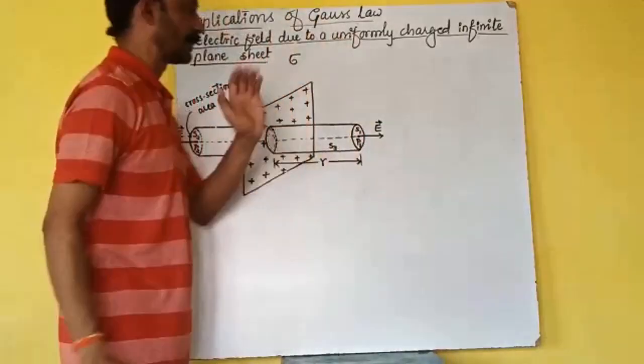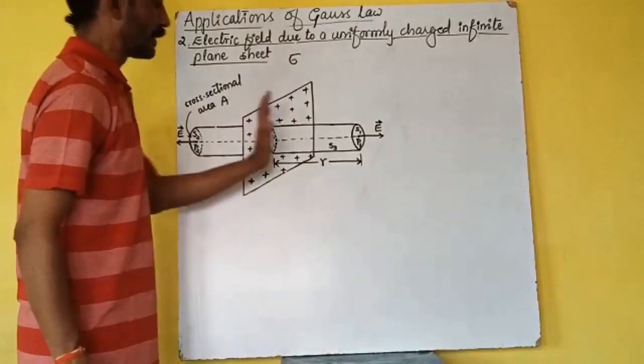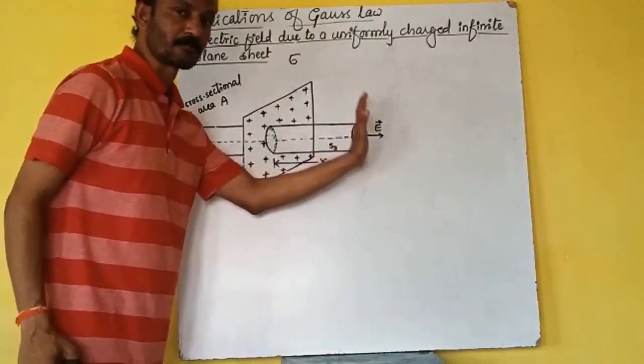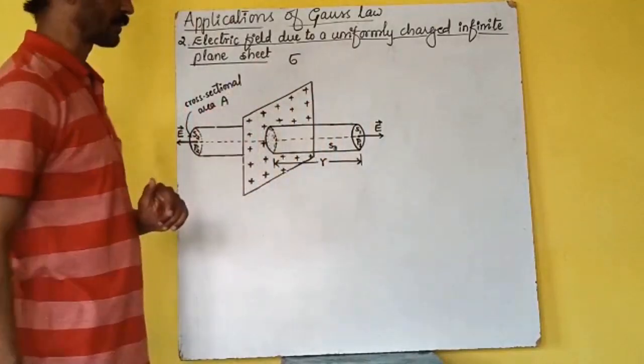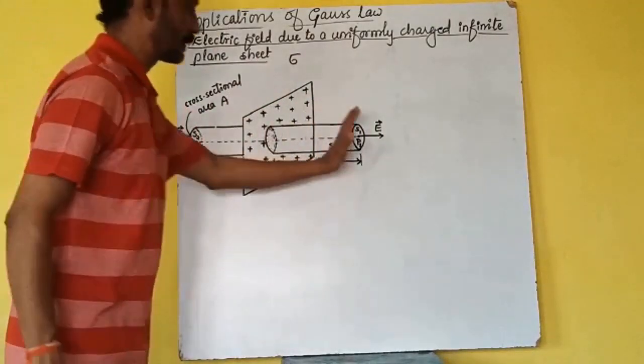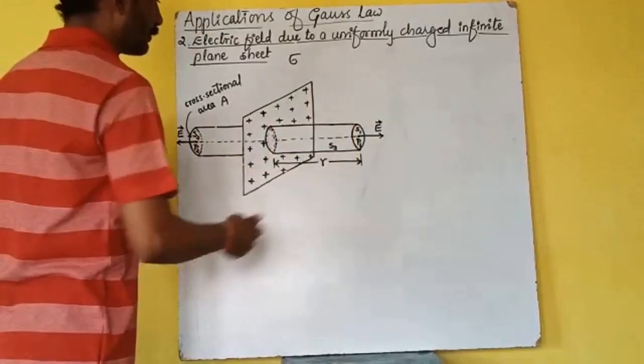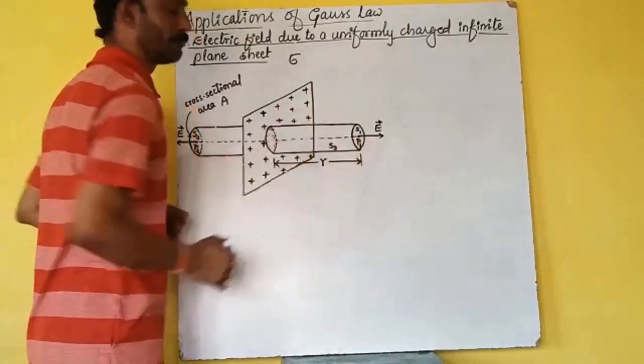Let phi 1, phi 2 and phi 3 be the electric flux through the surfaces S1, S2 and S3 respectively. Now let us find the electric flux through the plane surface S1 at point P1.